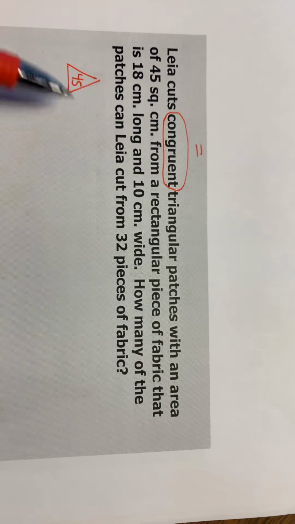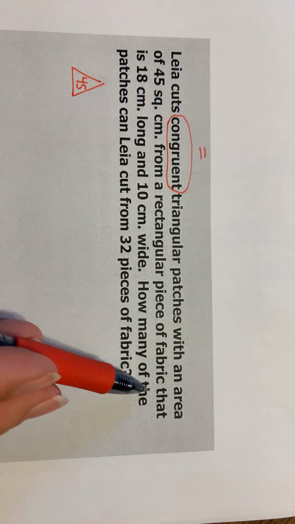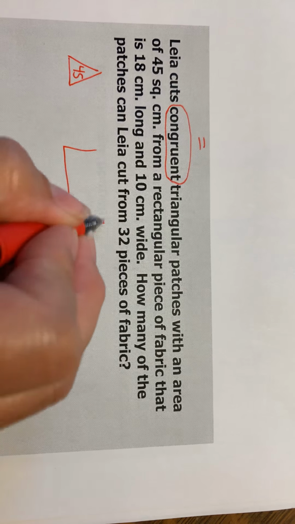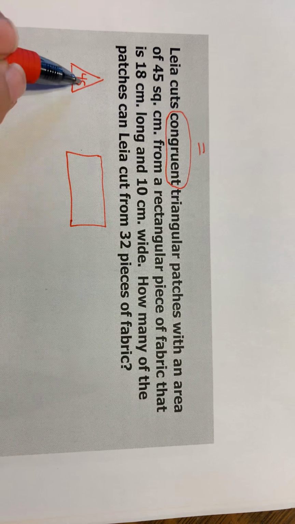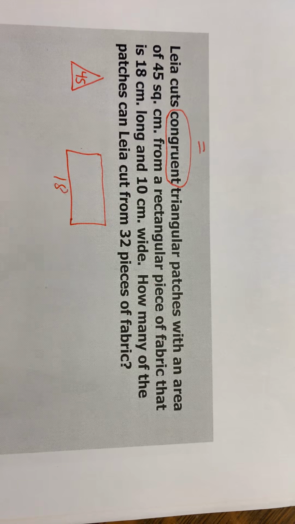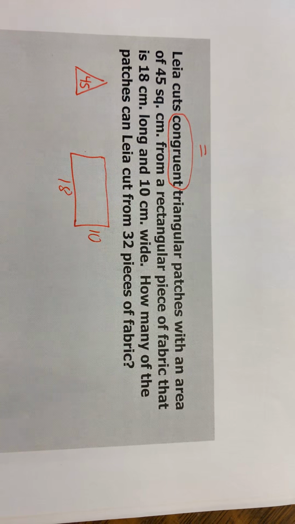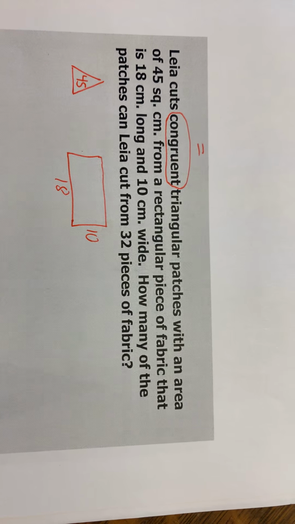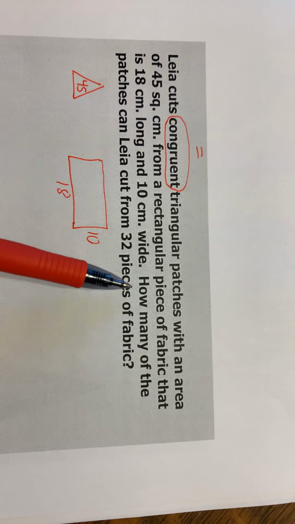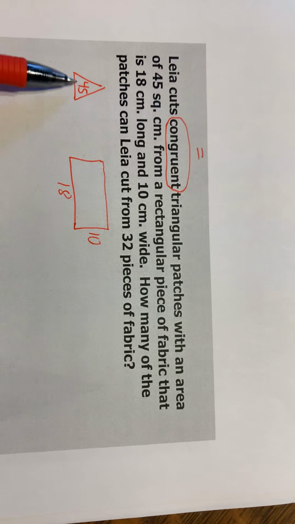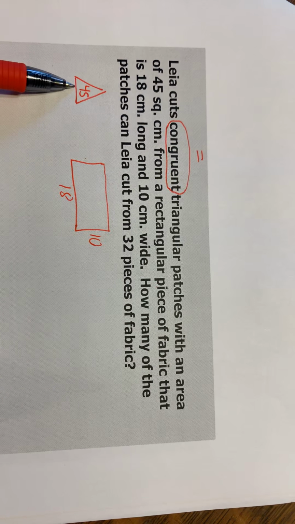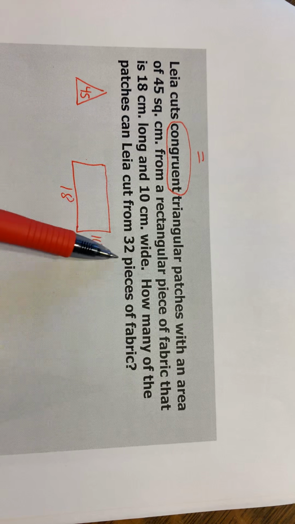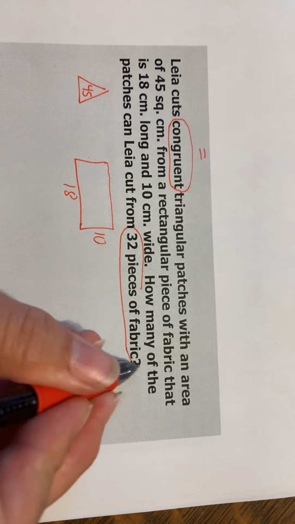So she's going to cut these out of a rectangular piece of fabric. That's 18 centimeters long by 10 centimeters wide. So they want to know how many of these patches, these triangles, can Leah cut from 32 pieces of fabric.